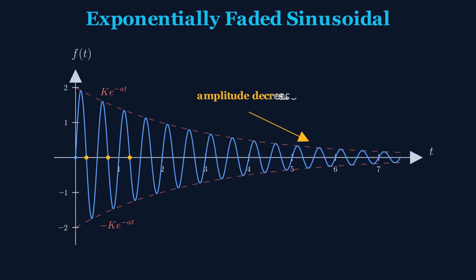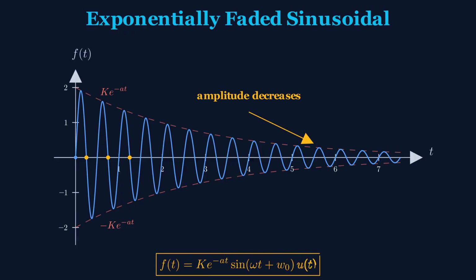As time increases, each successive peak is smaller than the last. This signal appears naturally in many physical systems: an underdamped spring, an RLC circuit after a switch is closed, or any system that oscillates while losing energy.